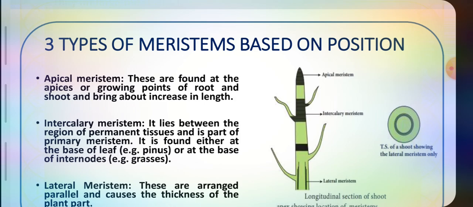The point of attachment of the leaf on the stem, where that leaf is attached to the stem, that point is called node. So the distance between two leaves or two nodes is called internode. So this intercalary meristem is also very helpful in the elongation of internodes.